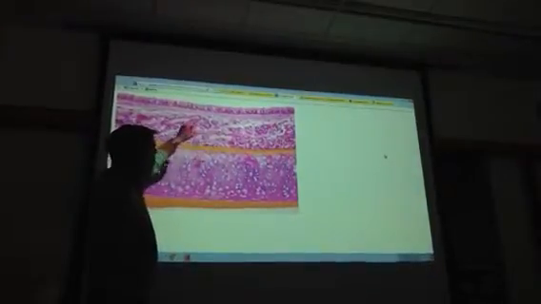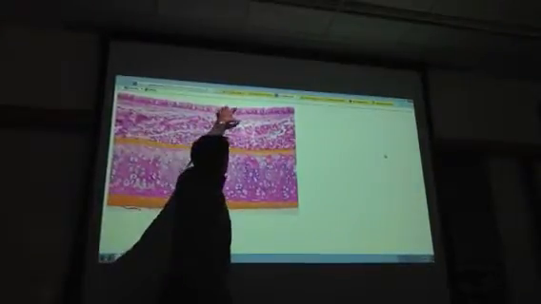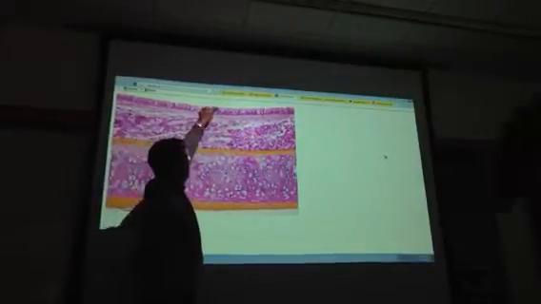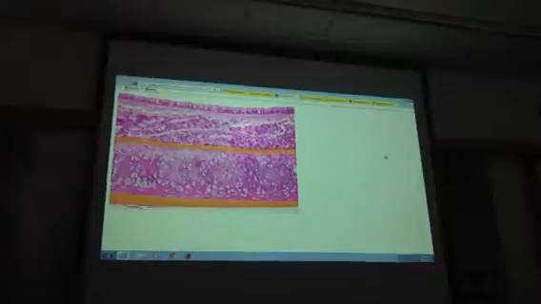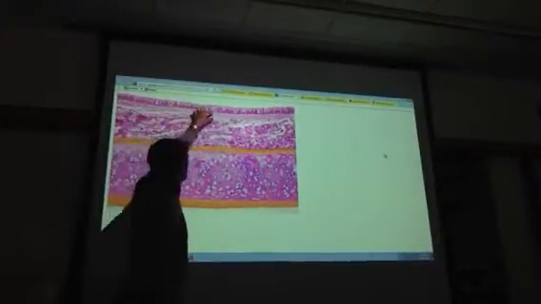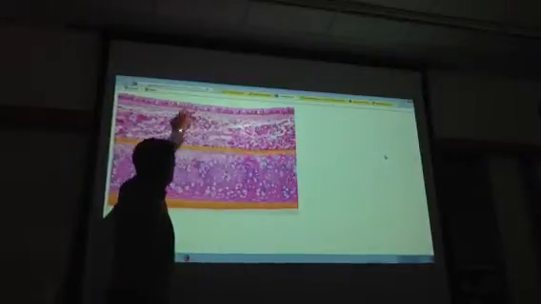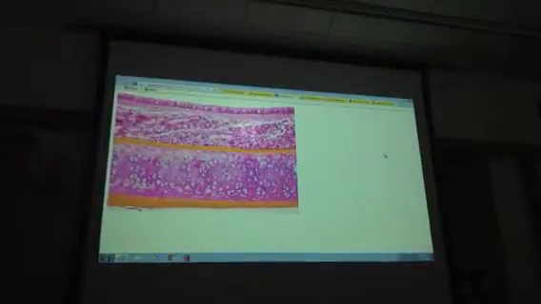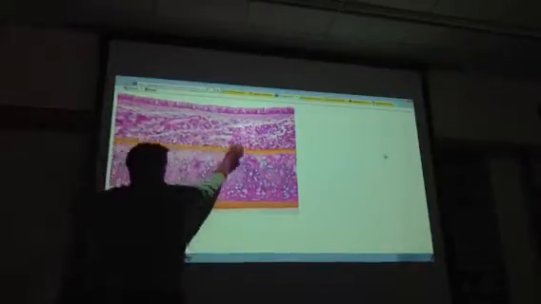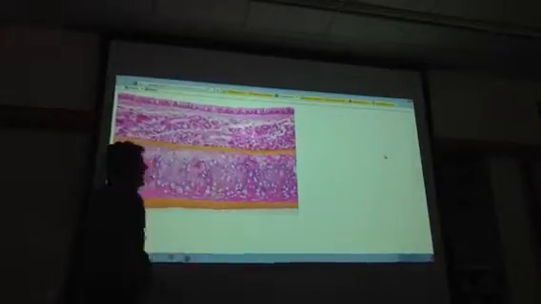I don't know if you can see it from where you're sitting, but you can actually see the little cilia on top of the cells up there that are lining the surface. Then as you get below the epithelial layer, this thin area that's right in here, that's the lamina propria. This area represents the submucosa, and all of these little circles that you see in here, those are clusters of glands.